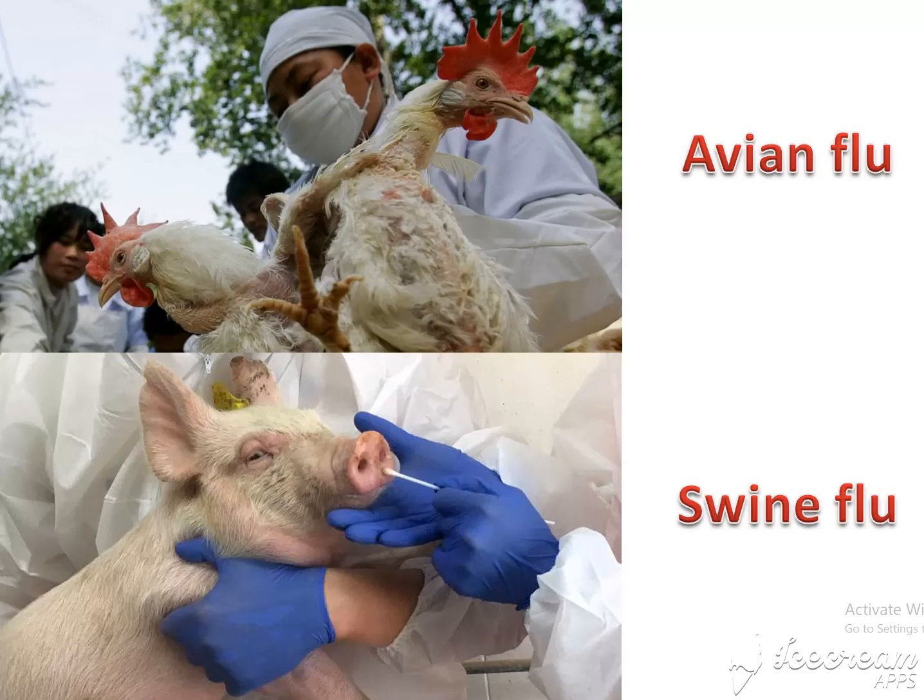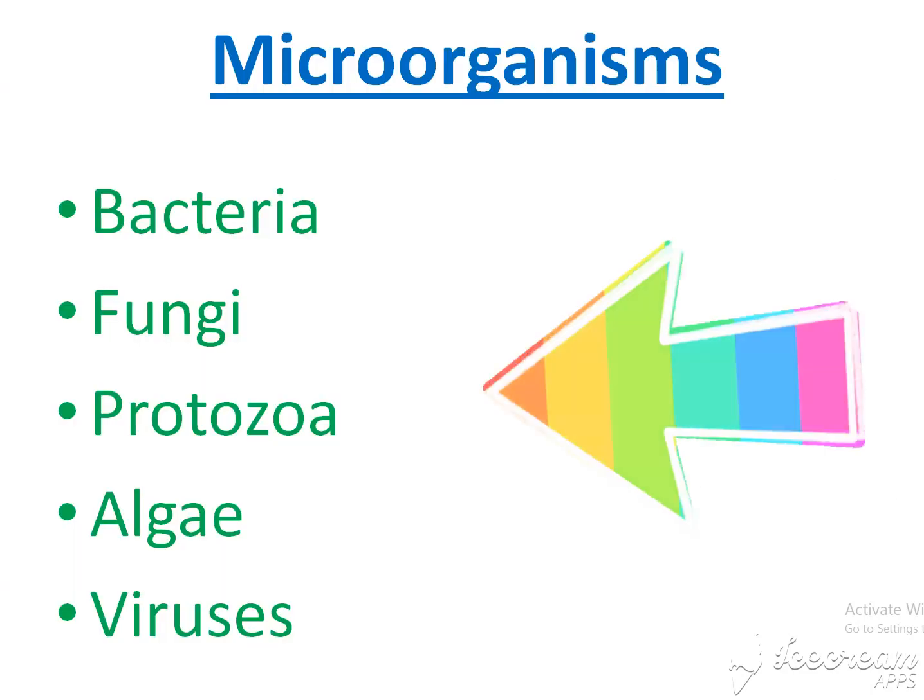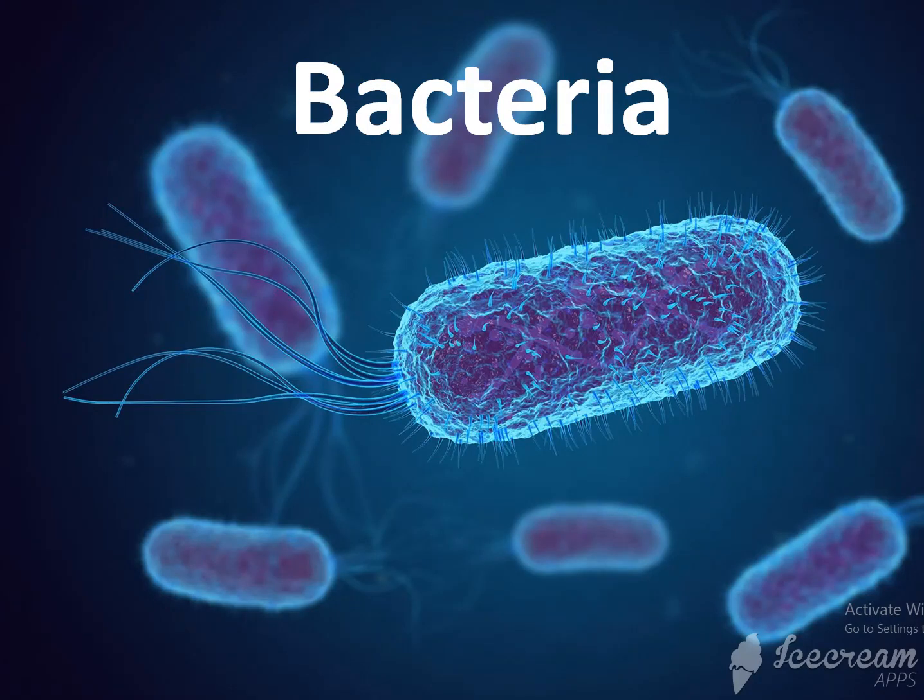Now let us recap today's portion. Today we learned the 5 major groups of microorganisms: bacteria, fungi, algae, protozoa and viruses. First one is bacteria. All the bacteria are unicellular organisms, and there are different shapes of bacteria.